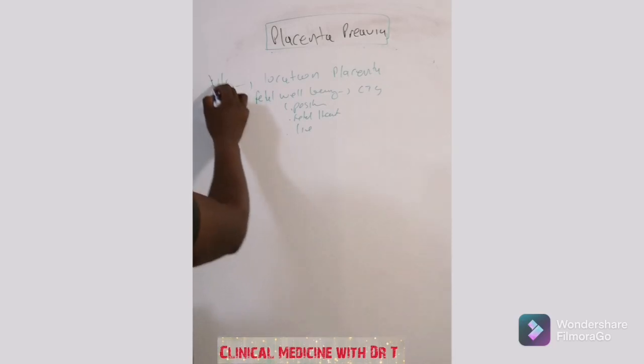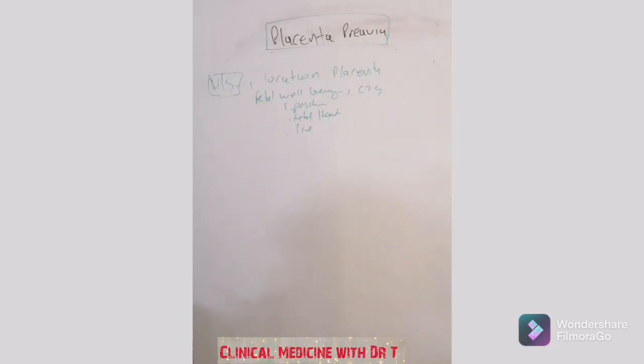Ultrasound is very, very important, because you cannot diagnose previa any other way except by doing that ultrasound, because ultrasound lets you visually see the location of the placenta.